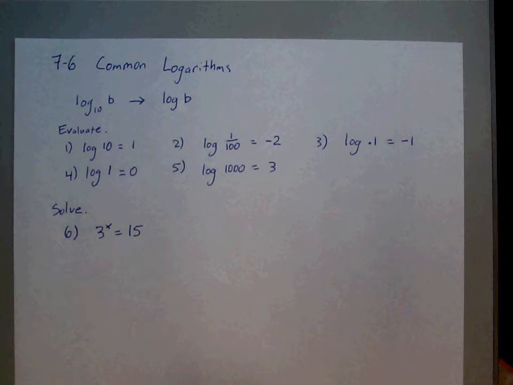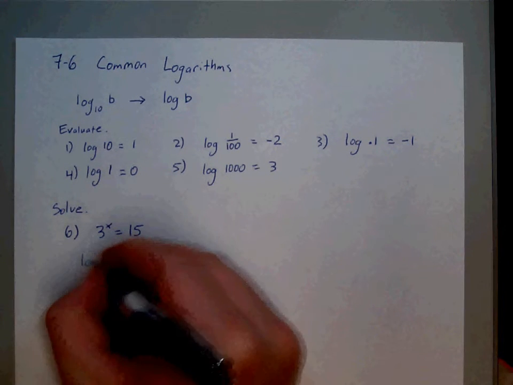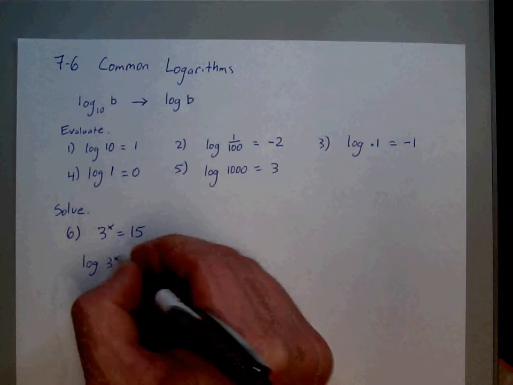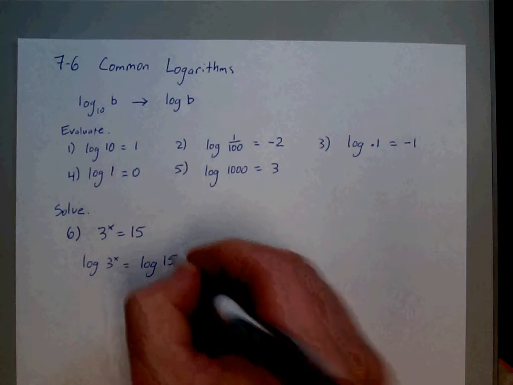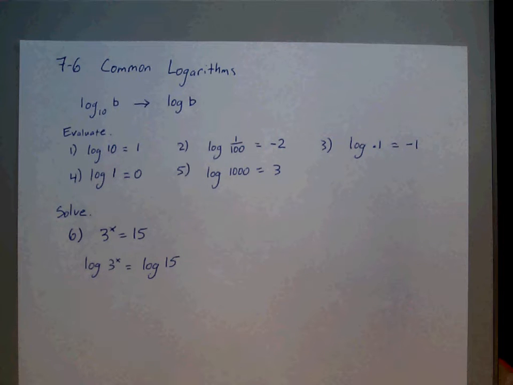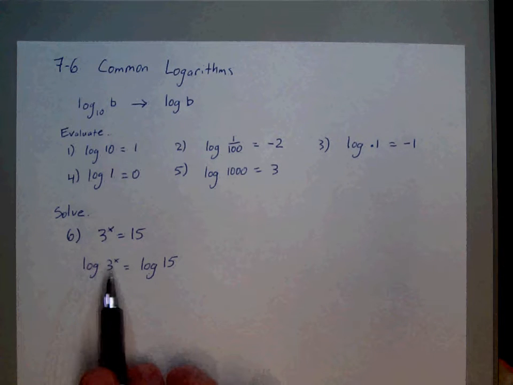But a strategy to solve these, if you can't write them both as powers of the same base number, is you can log both sides. What that means is you simply write the word log in front of the left side. Write the word log in front of the right side. So you're taking the log of both sides. On the left side, we've got log of 3 to the x.